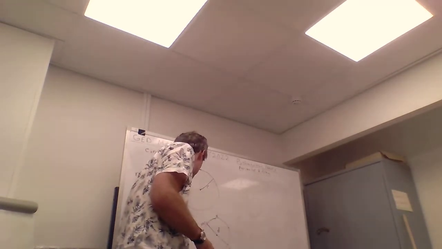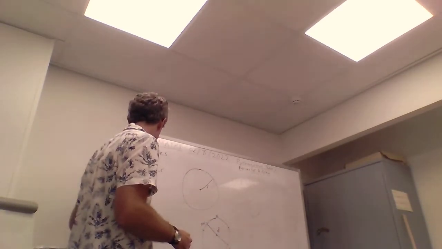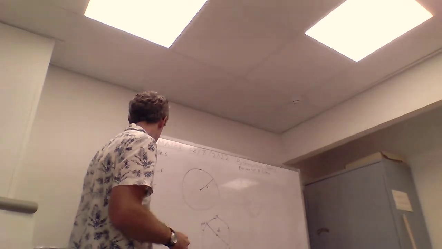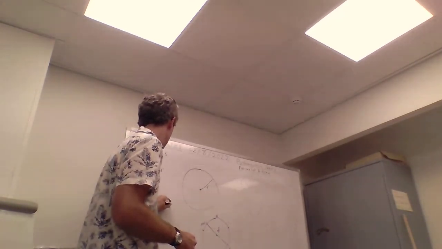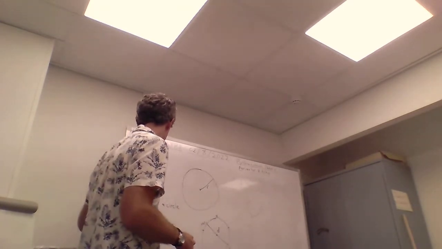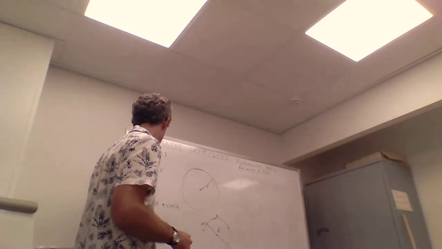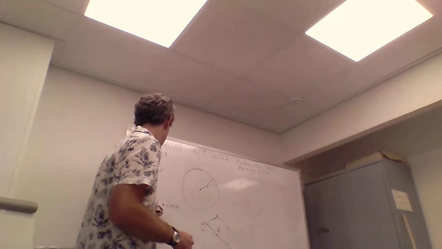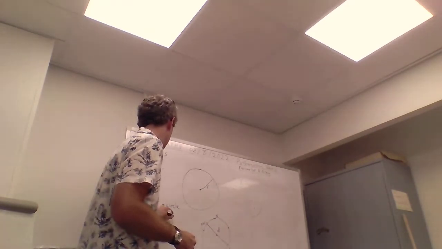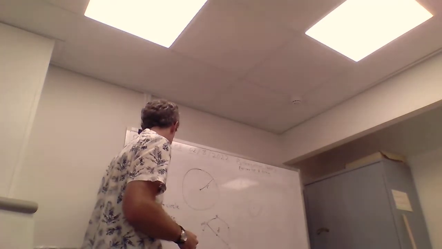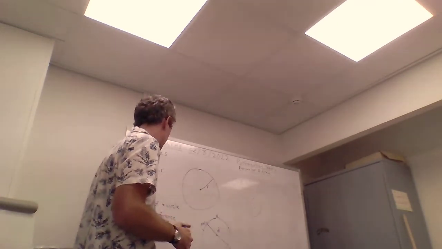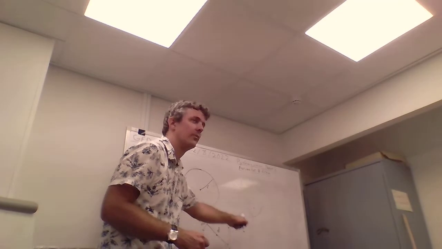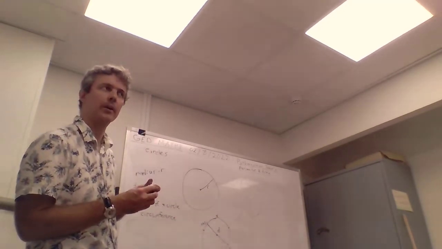So we call the perimeter the circumference. Okay? The circumference. That's basically the length of the path around the circle.